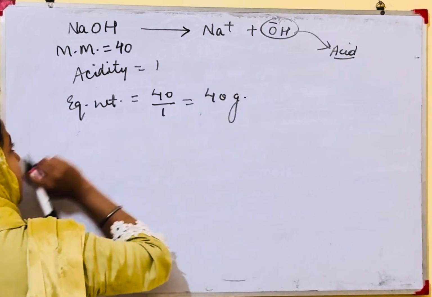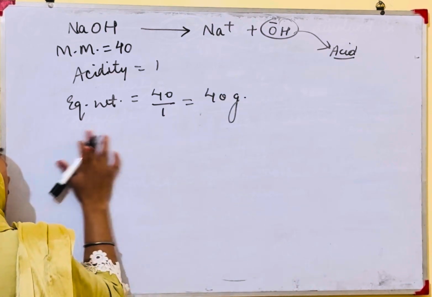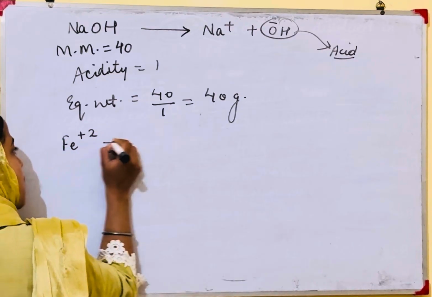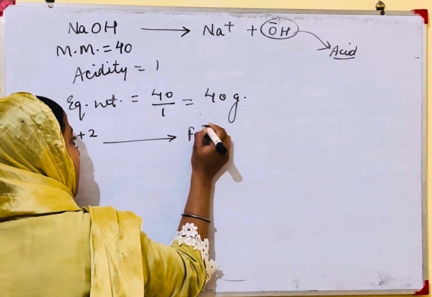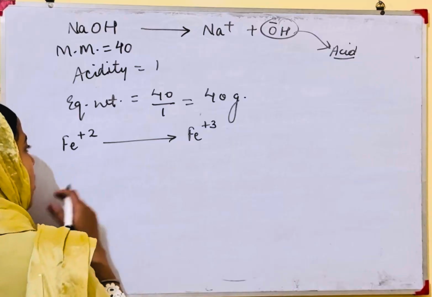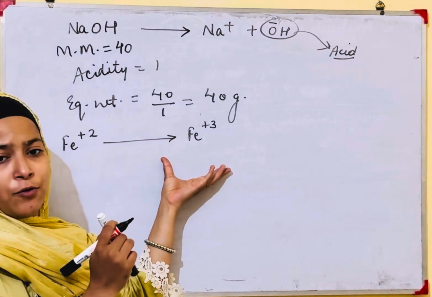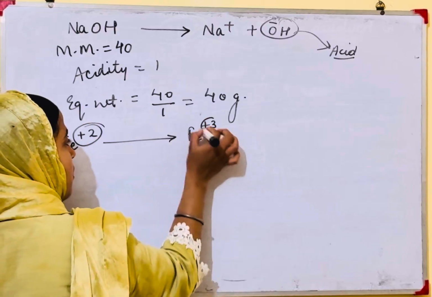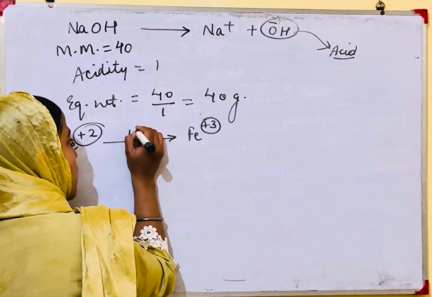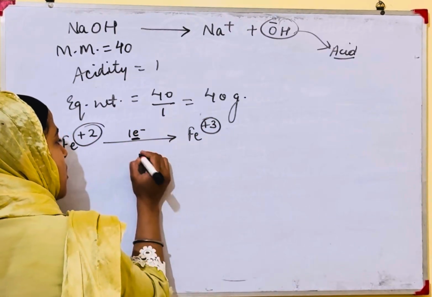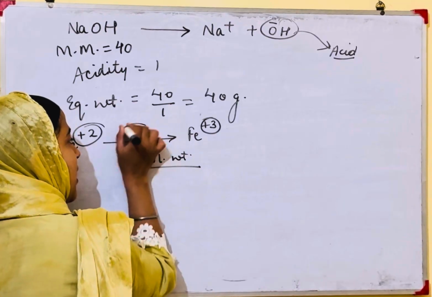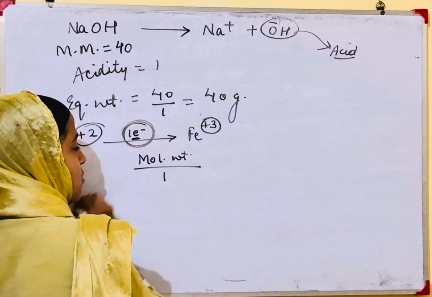Now, if we talk about metals, iron plus 2 changes to iron plus 3. If we want to calculate the equivalent weight of this, here the number of electrons changes. Plus 2 to plus 3, change of electron is 1 electron. So we can calculate molecular weight divided by change in the number of electrons, 1.